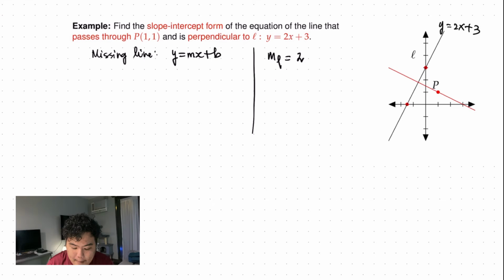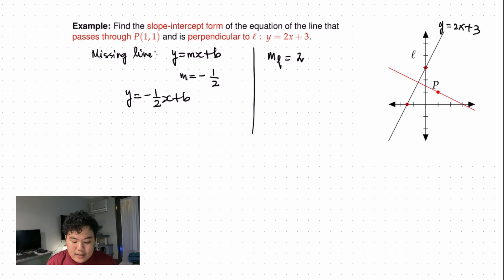And you want this missing line to be perpendicular to L. So, the slope of this missing line is negative reciprocal of the slope of L, which is negative 1/2. So, yung equation na nung line mo is y equal to negative 1/2 x plus b. So, si b na lang yung kulang para mahanap yung equation ng line.